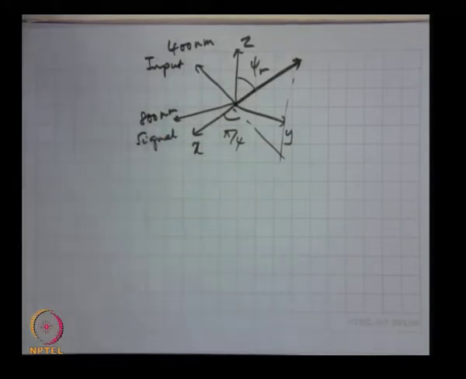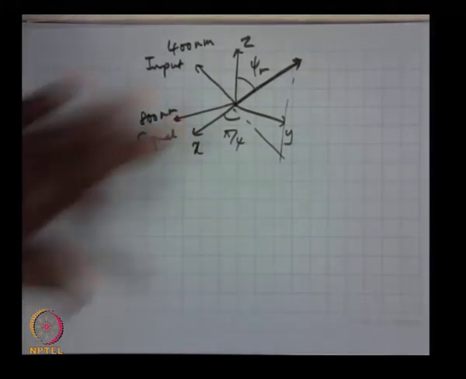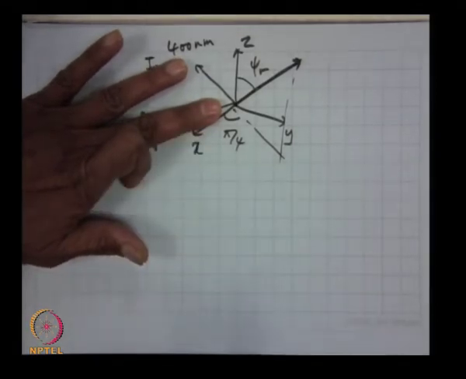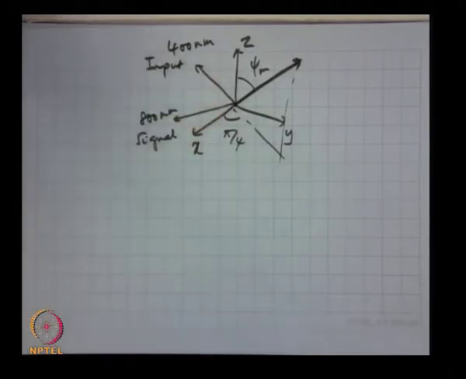In spontaneous parametric down conversion, which we have not yet discussed, I don't even launch this. I just launch 400 nanometer photons into this crystal, and what I expect is 800 nanometer light coming out. That is spontaneous generation of the lower frequency waves. Yes?